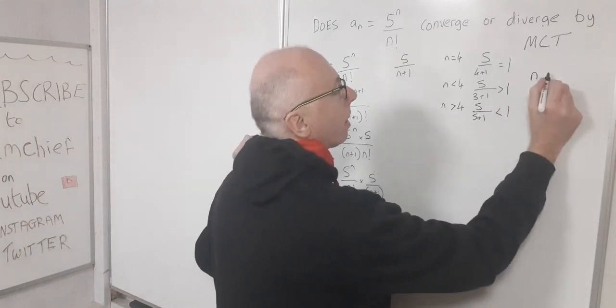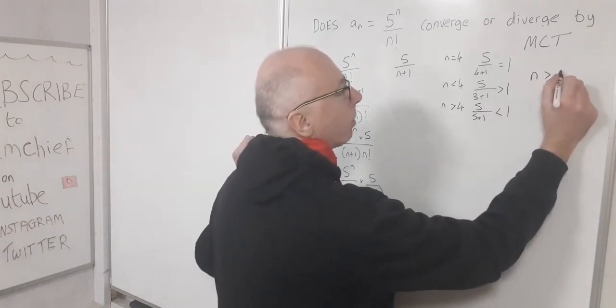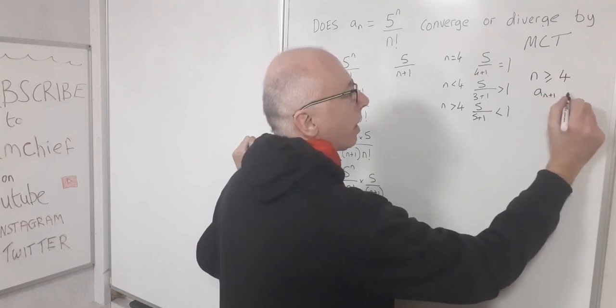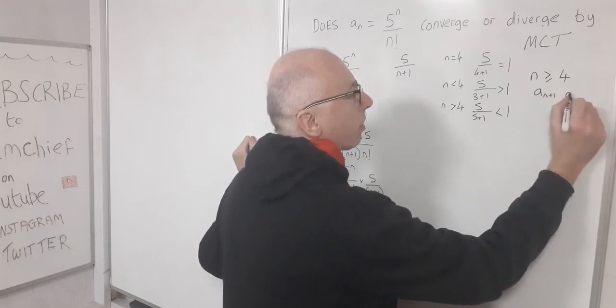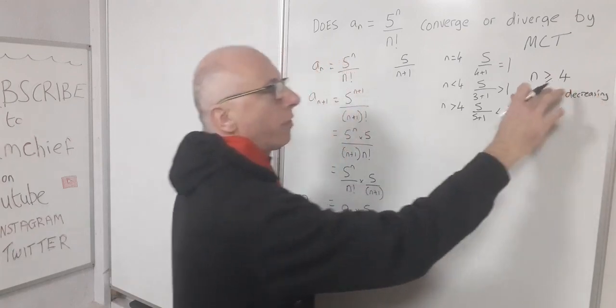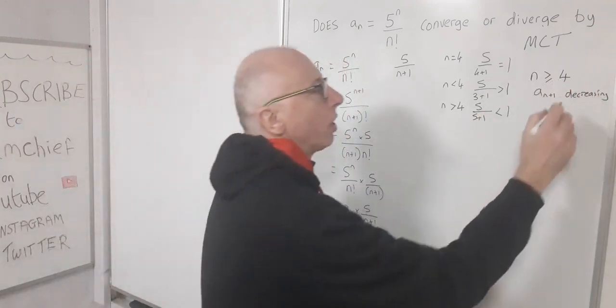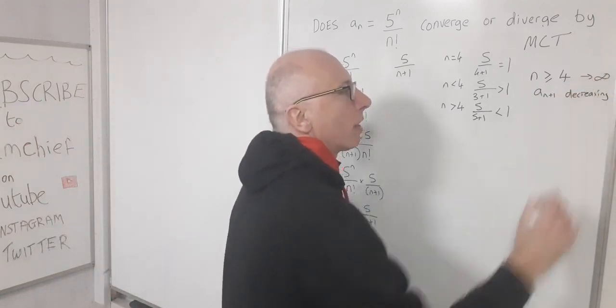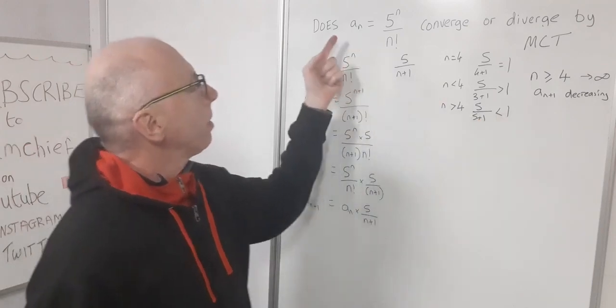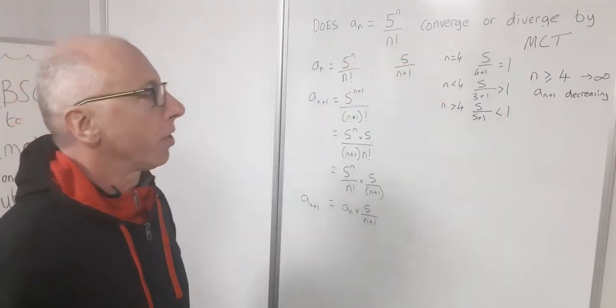So if n is greater than or equal to 4, a n plus 1 is decreasing. And that will be for all of those terms from 4 all the way to infinity. So that gives us some hope that this sequence can converge.